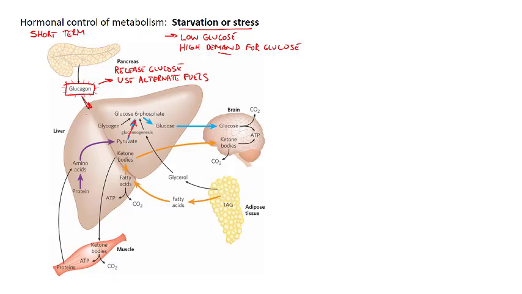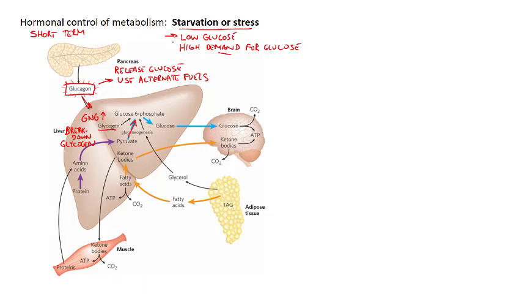By promoting gluconeogenesis. So glucagon activates gluconeogenesis. It also activates breakdown of glycogen. Why? Because we're in a low glucose stress.